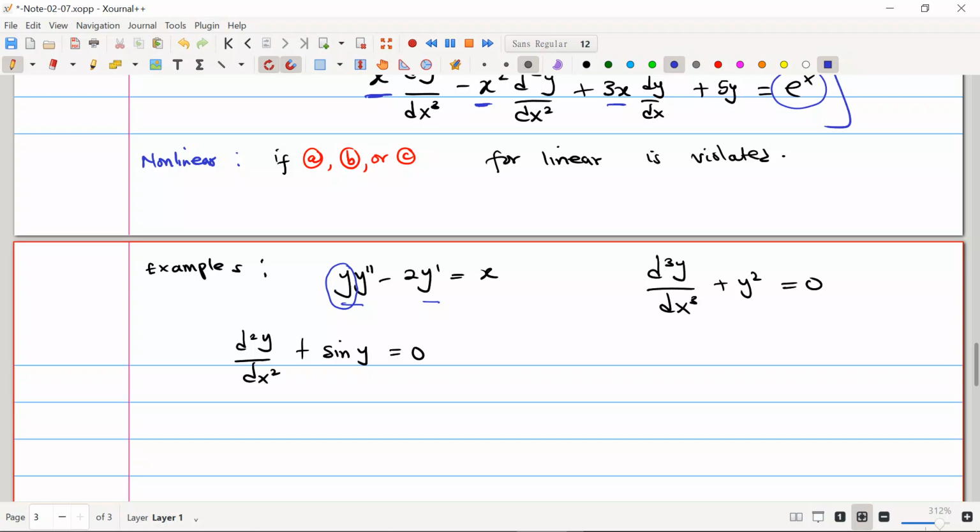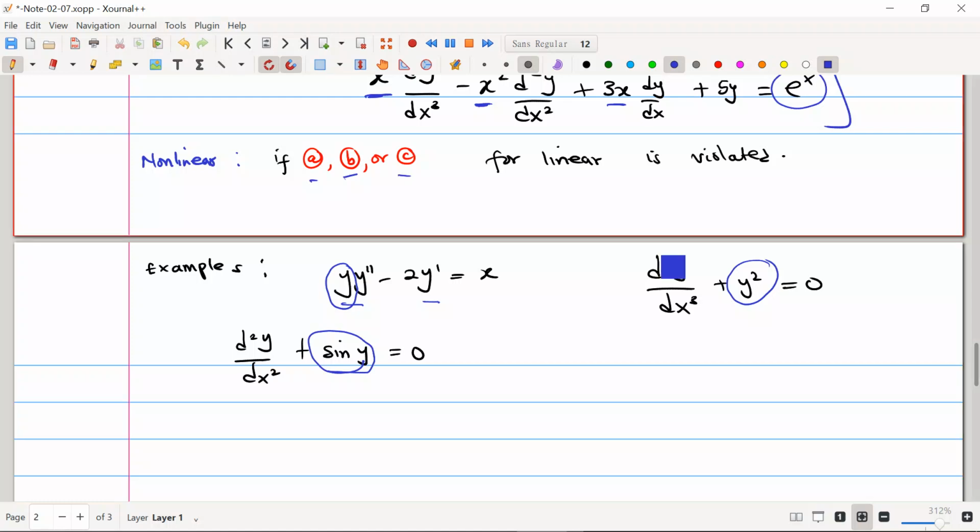So that violates property B. If you go to this one, this is of degree what? 2. The power of y here is 2, so it violates property A, right? If you come here, you have a sine of y, so this is a transcendental function of the dependent variable, so this violates property C.